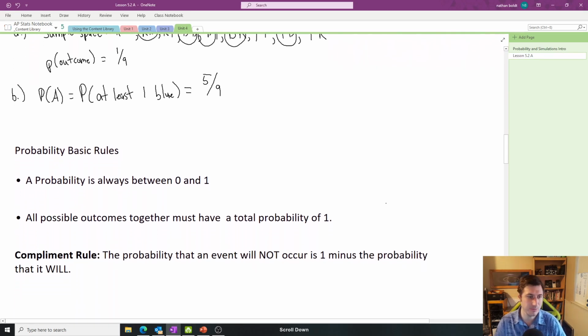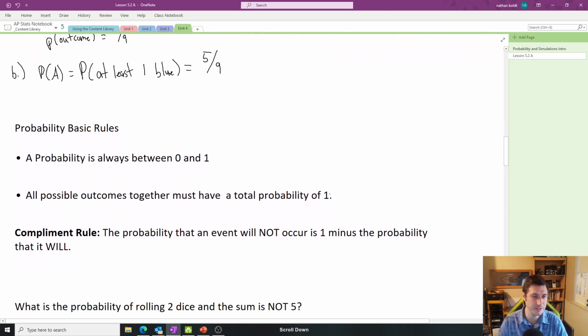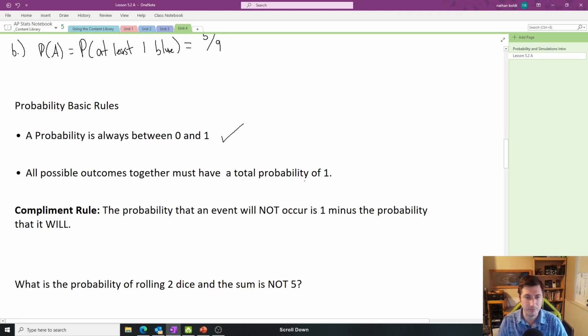Let's springboard off of that. So some basic rules here. We've talked about this one here. I believe probability is always between 0 and 1. In our probability models, the total probability has to equal 1. Something has to happen, okay? If you take all the outcomes and you didn't miss any of them, they all have to add up to a total probability of 1.